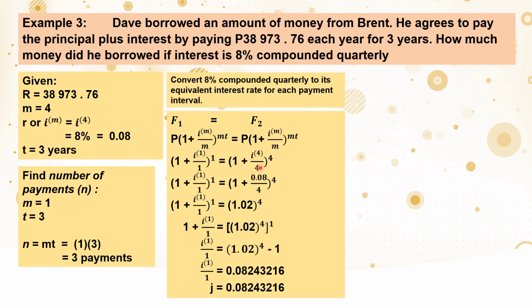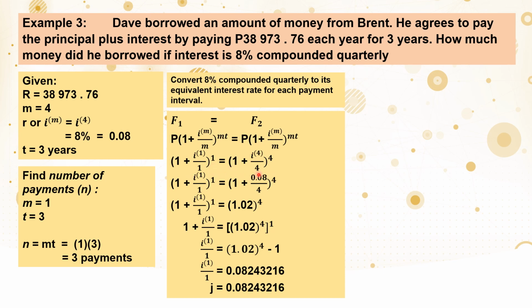So we have now 4, 4, 4. And as you can see, wala na yung P at yung T on both sides. So we drop the P and T on both sides. Ang natira na lamang ay yung nasa loob ng parenthesis at yung exponents.